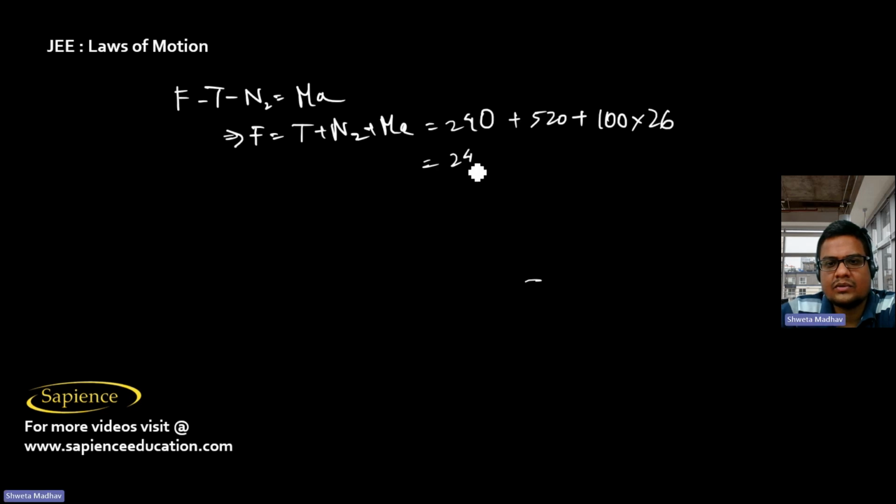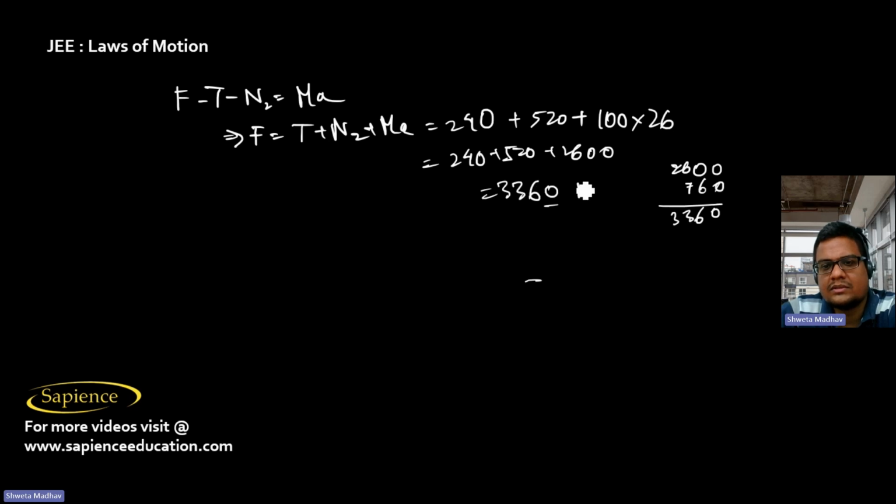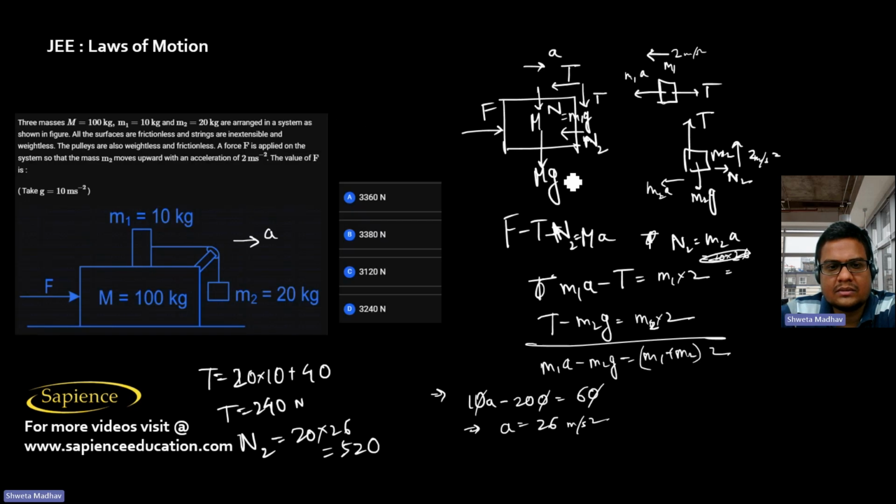Therefore, this will be 240 plus 520 plus 2600, which gives 3360 Newton. So option A is the correct answer.